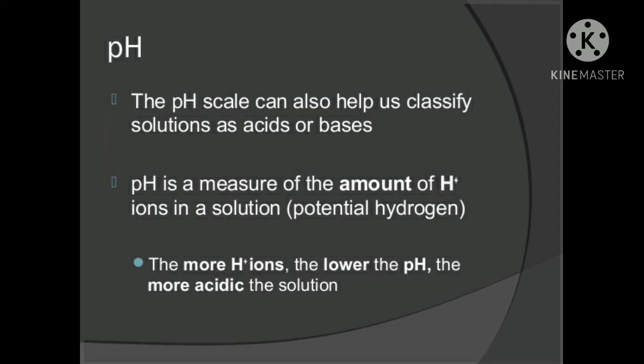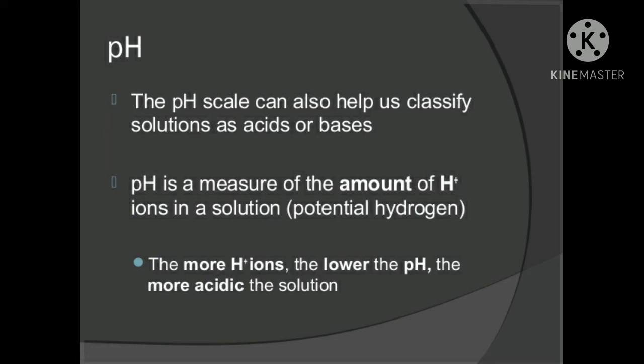pH is defined as the negative log to the base 10 of the hydrogen ion concentration expressed in moles per liter. The pH of pure water is 7. If pH is 7, that means the solution is neutral, where hydrogen ions and hydroxide ions are equal.